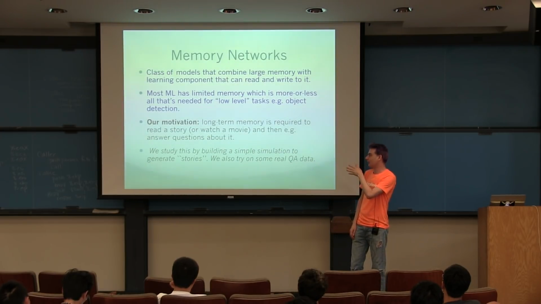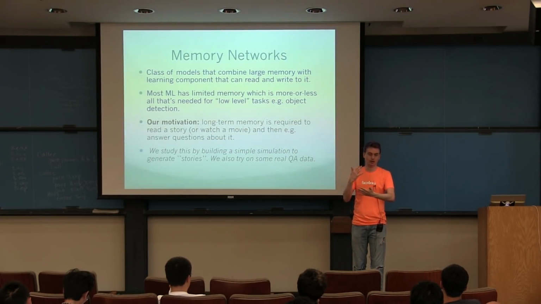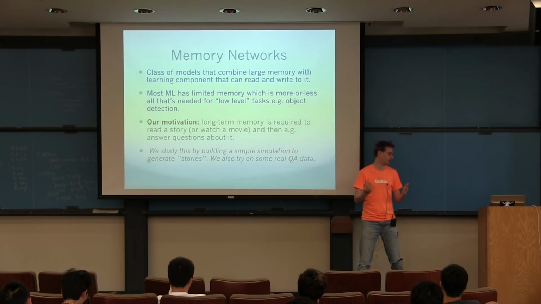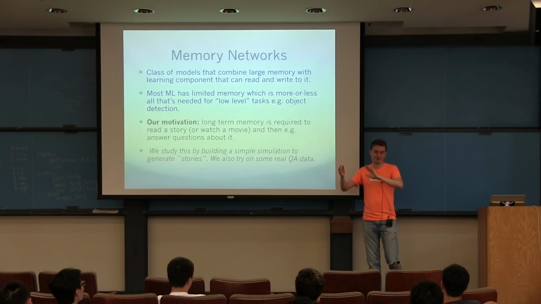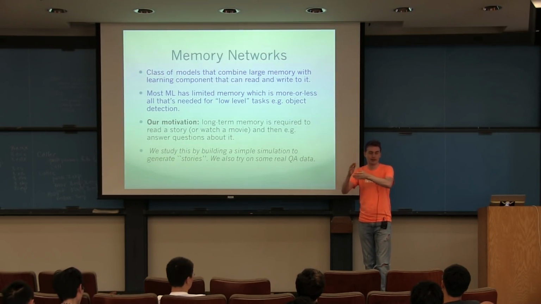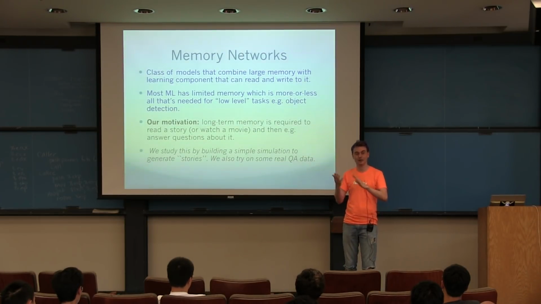For example, if you were asking where someone is, a really simple example: someone's gone to school, and then in the evening they go to the cinema, and then there's a question, where is that person?